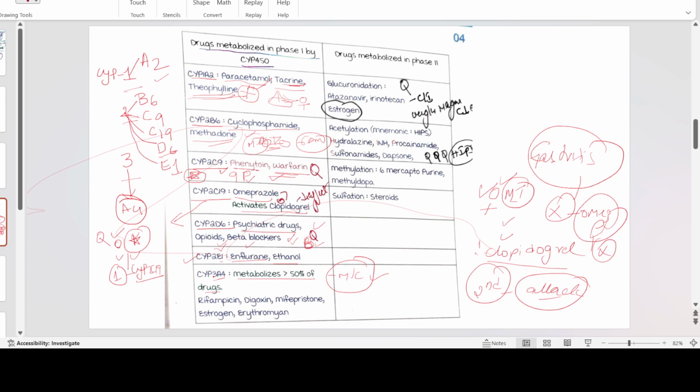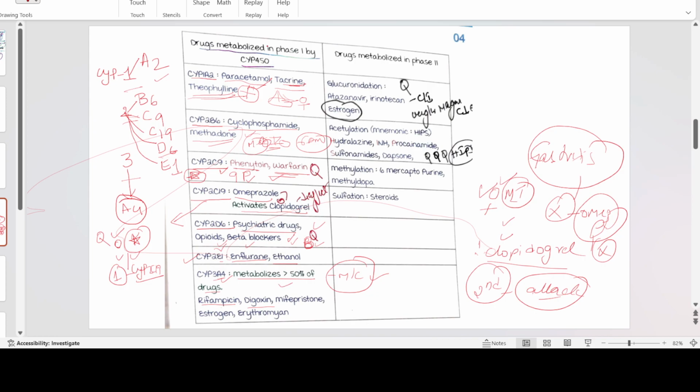It is CYP, third family, A subfamily, 4 isoform. You have drugs like rifampicin and digoxin, all more than 50% of the drugs. So they can ask you this question.